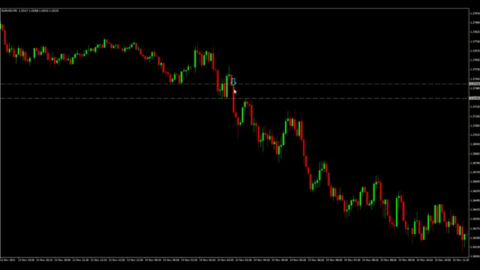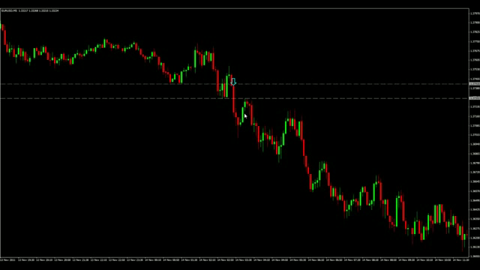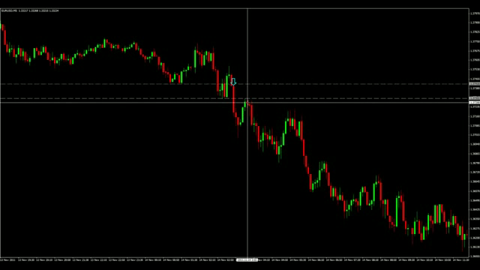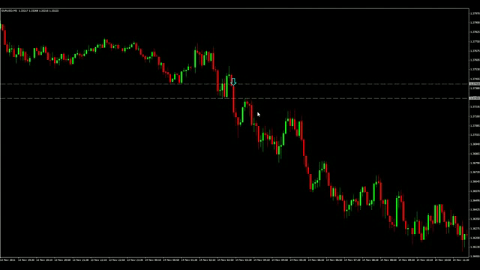We've got a pretty good move down, and as you can see, we've got a pretty good move back up, which had a wick that came up and touched this level, so that's the first good sign. Then we had another wick that came back up and touched this level, and again it did not break that support level right there.